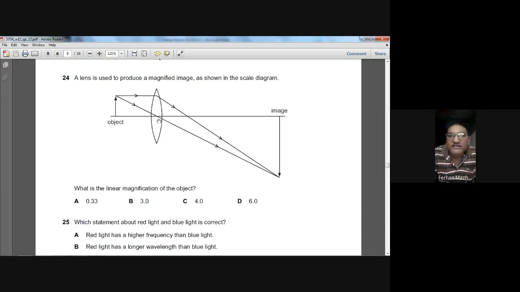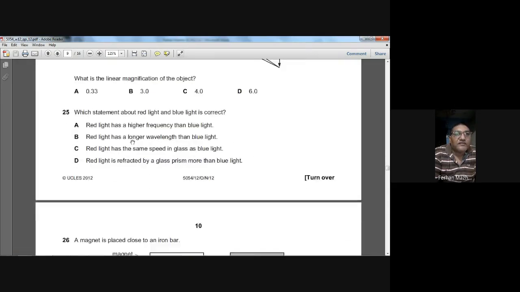Measure this horizontal distance. Divide the distance of the image by the distance of the object and you will get the linear magnification. I have done this and the answer is B. Question number 24, the answer is B, the answer is 3. I hope you have understood it.